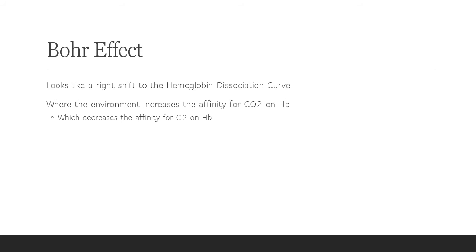These curves can experience a shift depending on the changes in the environment. For example, a shift to the right is known as the Bohr effect. This is when the affinity of oxygen is inhibited when it comes to binding to hemoglobin. This could be an increase in CO2, pH, biphosphoglycerate, and or temperature.